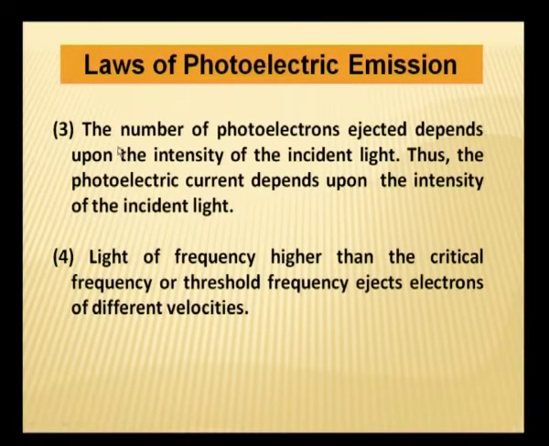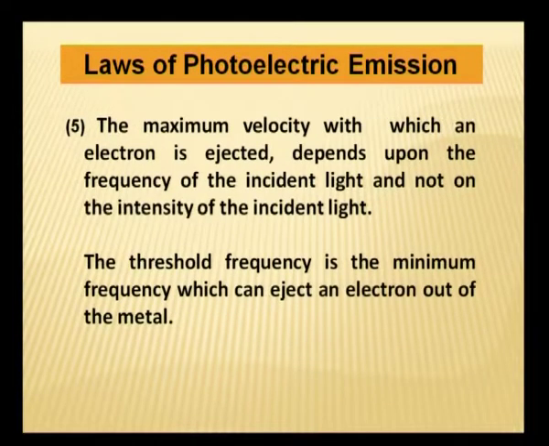The next law goes as follows: the number of electrons ejected depends upon the intensity of the incident light. Thus, the photoelectric current depends upon the intensity of the light; it is directly proportional. Light of frequency higher than the critical or threshold frequency ejects electrons with different velocities.